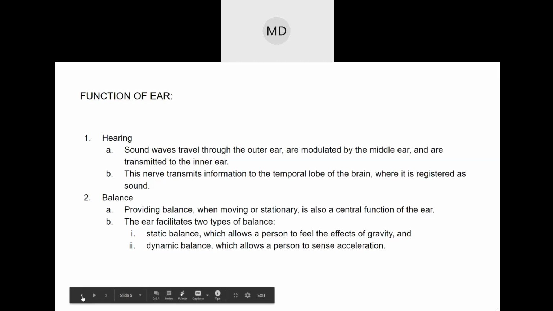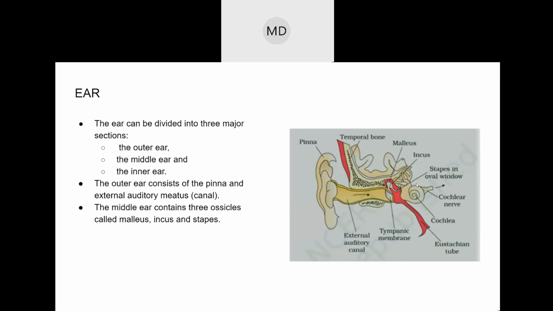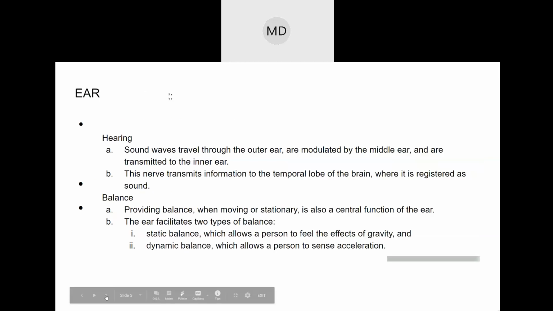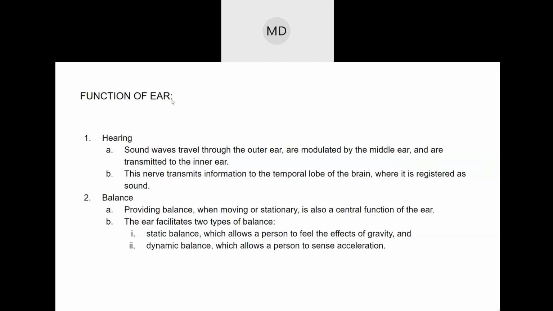Did you know that? Without your ear, this middle ear, you won't be able to stand. You won't be able to keep your balance. That balance is the most important function of the ear besides hearing.